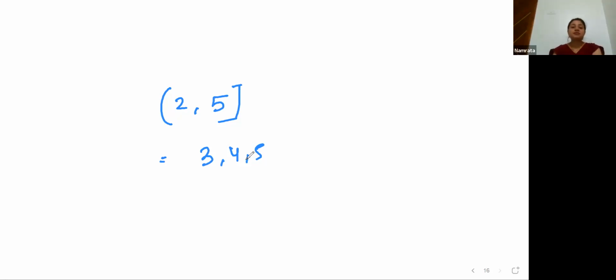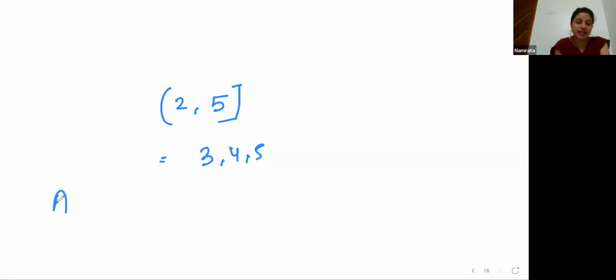Now, whenever we have a set in set builder form, most of the time we get the same open and closed bracket things over there also. Let me give one example.